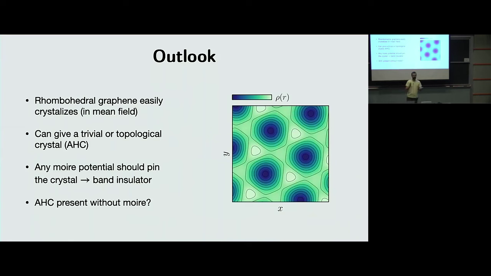So depending on the density, this can give either a trivial Wigner crystal or a topological anomalous Hall crystal.